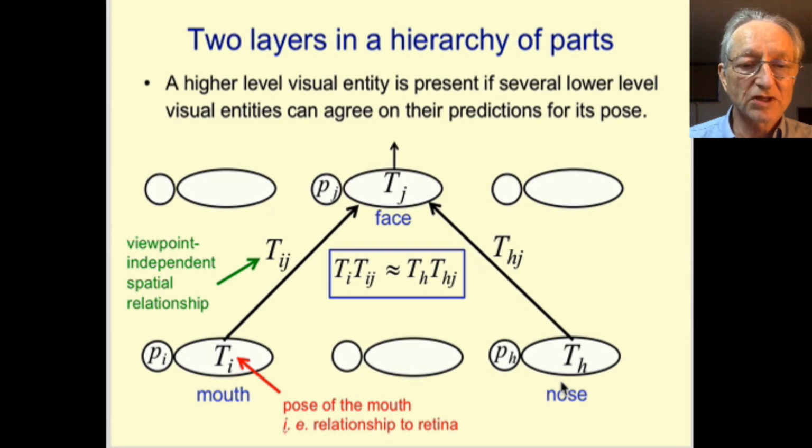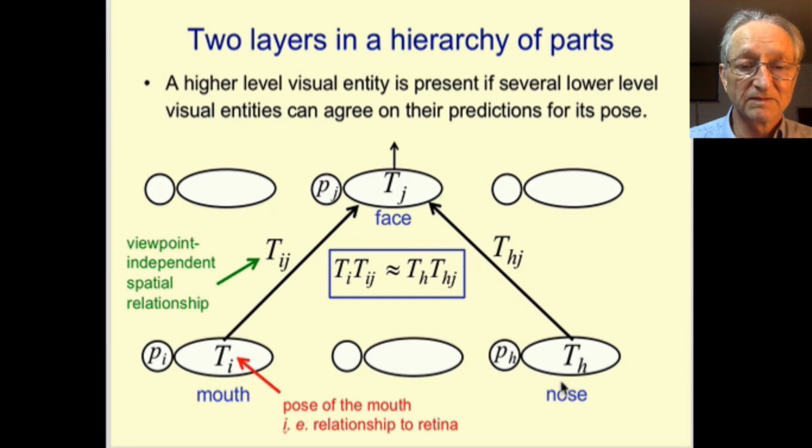So here's how that works. Let's suppose you've identified something that you think is a mouth, and you've identified something you think is a nose, and inside those ellipses you have neural activities that represent the details of those parts, including their pose, that is, their relationship to the camera. You also have a probability that you think that thing exists.